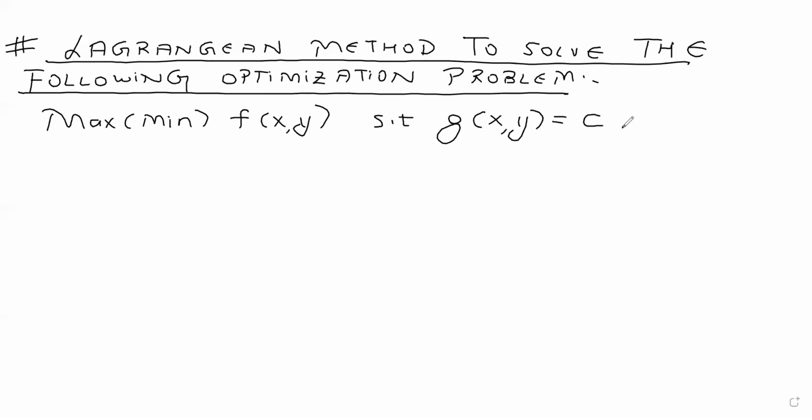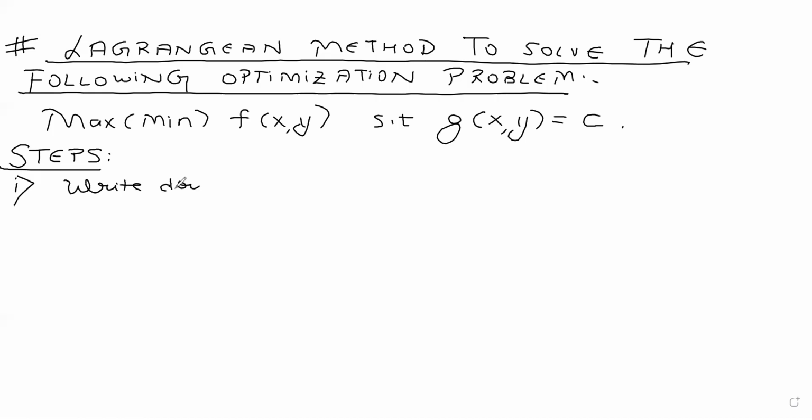Now, one method we had done was to use the necessary condition, f1 dash xy upon f2 dash xy equals g1 dash xy upon g2 dash xy. Another method which all students can see on your screen is the Lagrangian method. So let's look at the steps involved in this method. Step number 1.